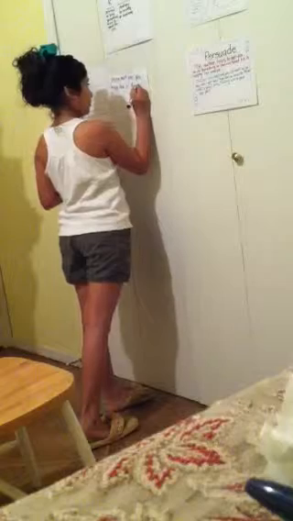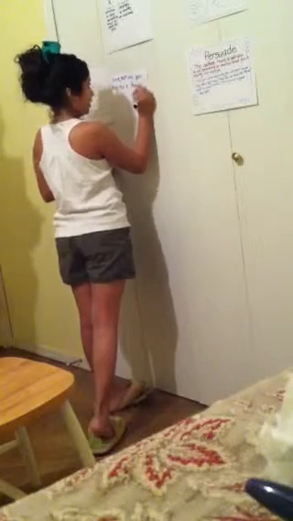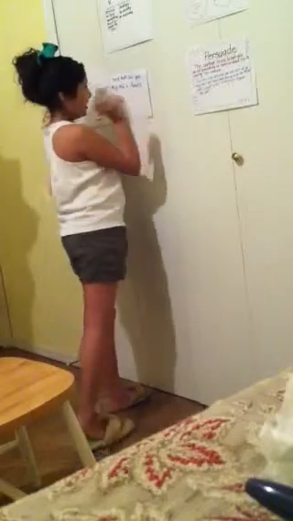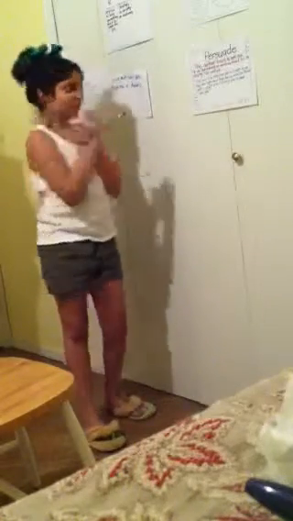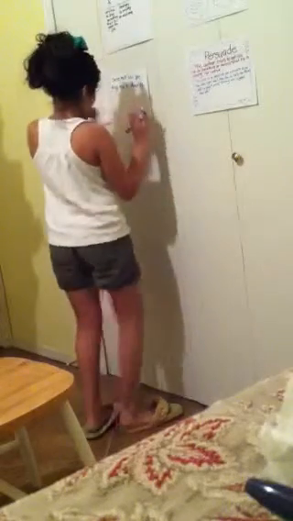Mm-hmm. C? American. That's it? No. What's after the C? E? A. A? E? E. Is that the last sound of American? No. Okay, what's the last sound? Say the word. N? Yes.